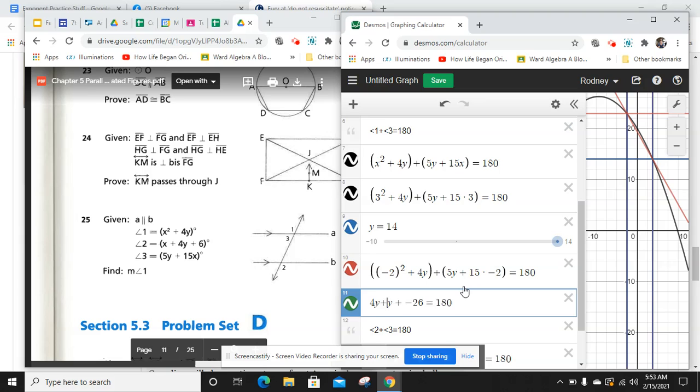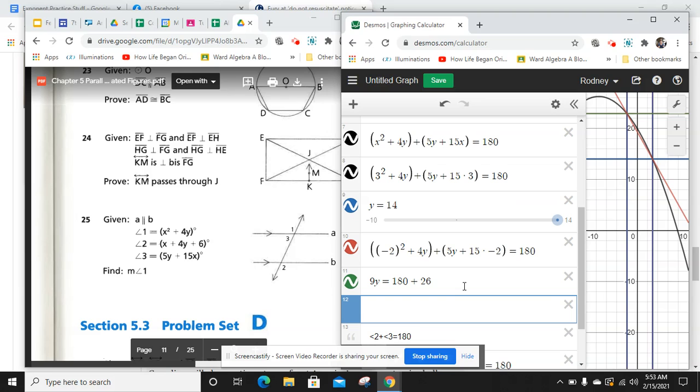And 5y plus 4y is 9y. And if I add 26 to 180, over here, I add 26 to this side, and now I've got 180 plus 26, which should be 208. 180 plus 26.